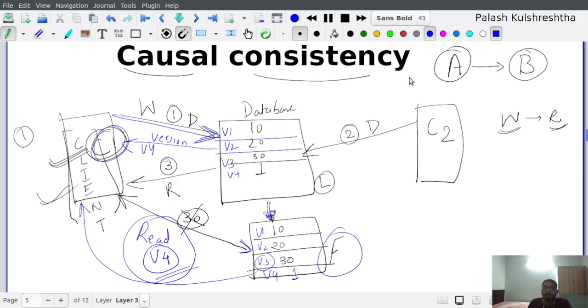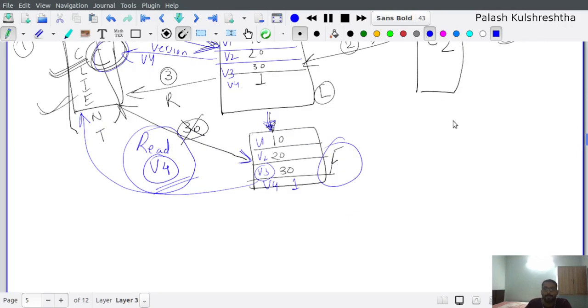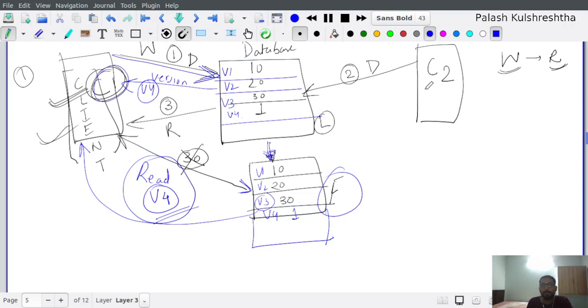It can also be possible that there are more updates from the leader. For example, when the client has written V4 and after that client C2 writes another value 2 at V5, and by the time the client issues a read version 4 query to this follower, it has version V5 with value 2.